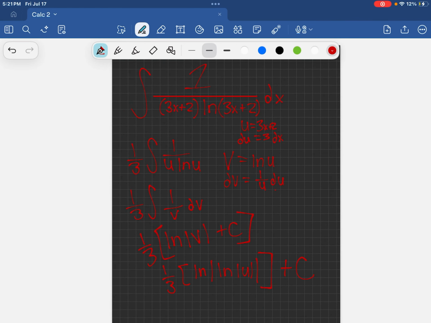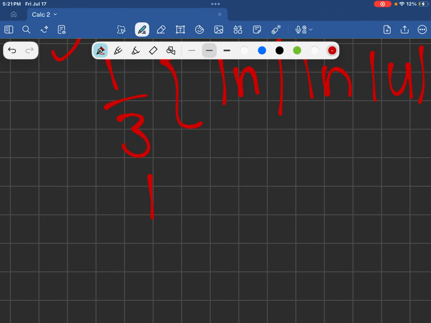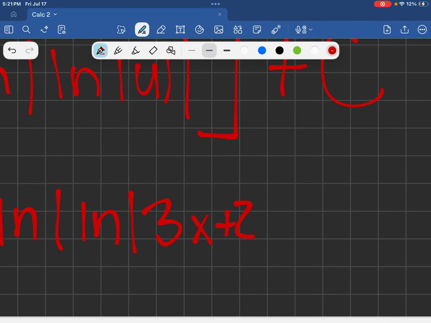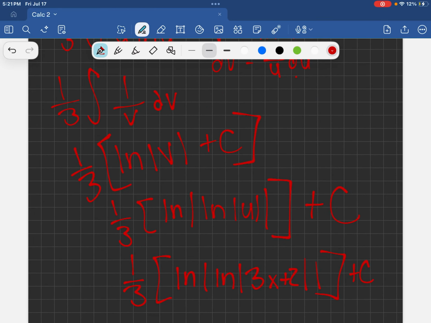You sub u back in, and u was 3x plus 2. So the final answer is going to be 1/3 the natural log of the natural log of 3x plus 2. And just slap a plus c in there at the end.